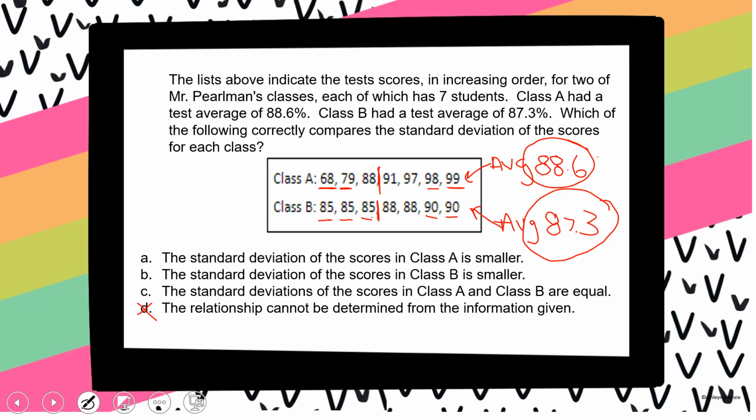The data points for Class A are just generally further away from that average, on average, than in Class B. So the statement that would be true here is B. Class B has a smaller standard deviation because the data values are closer to the average, on average, than the data points in Class A.